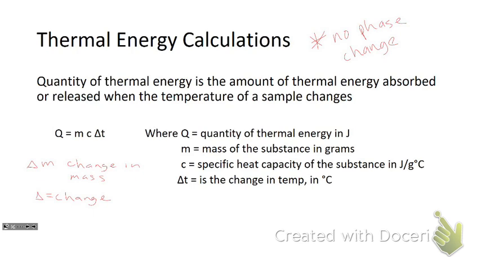Mass is not going to be changing. That was just my diet example. So in this case, mass is not going to be changing, but you guys just need to know that delta is change. That's the first time you guys would have seen that today. So delta means change. And we're going to deal with that a little bit more in the physics unit.